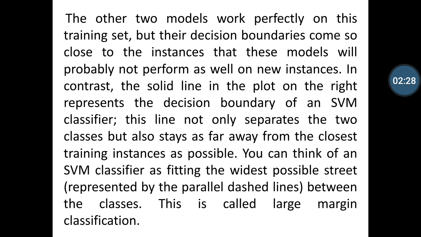This line not only separates the two classes but also stays as far away from the closest training instances as possible. You can think of an SVM classifier as fitting the widest possible street, represented by parallel dashed lines, between the classes. This is called large margin classification.